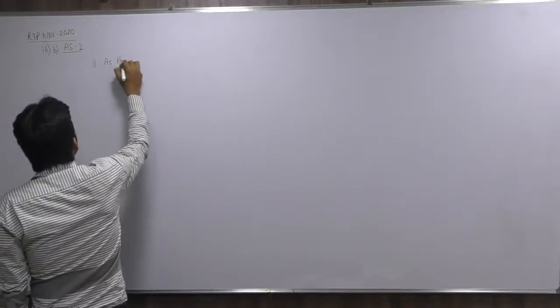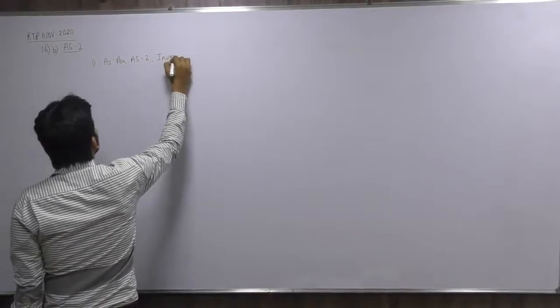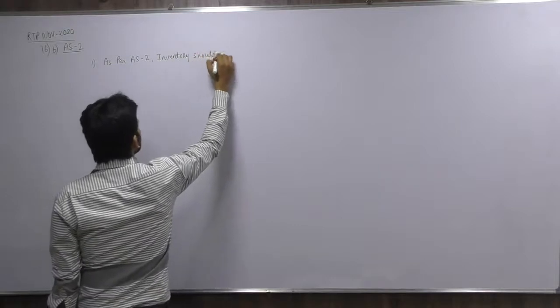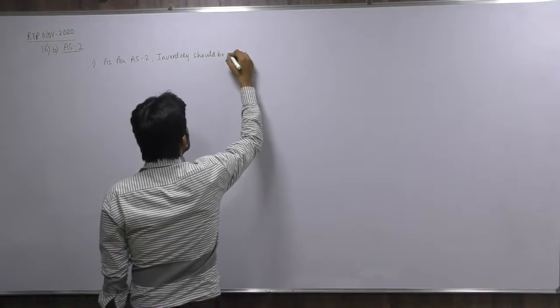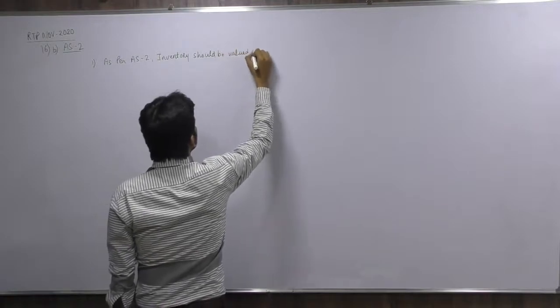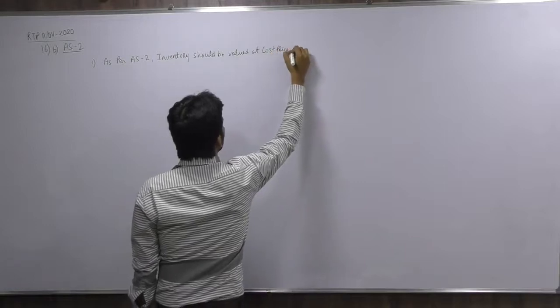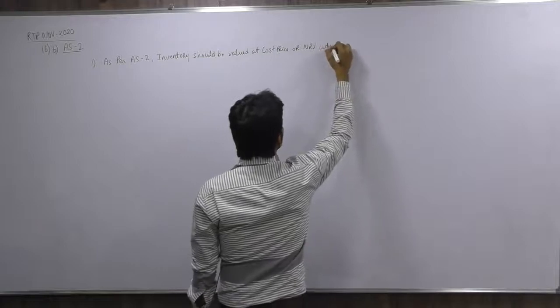As per AS 2, inventory should be valued at cost price or NRV, whichever is less.